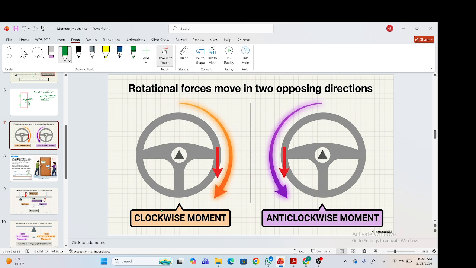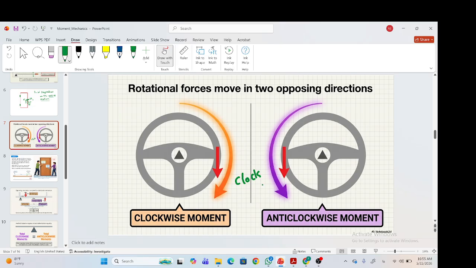And if in the questions you see a clockwise moment, it means that the direction of the force is the same as the direction of the clock. Now, think of the clock moving from up to down, from left to right.